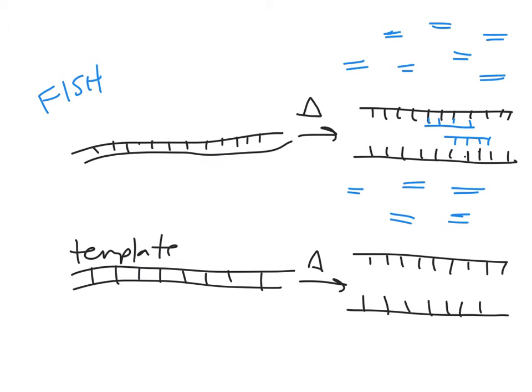This is primers, which are single-stranded. They don't start out as double-stranded like FISH probes do. They start out as single-stranded molecules, so they're already ready to base pair without being heated up even. There's lots of them as well, just like FISH probes. Compared to the number of molecules of template DNA, you have lots and lots of these primers.